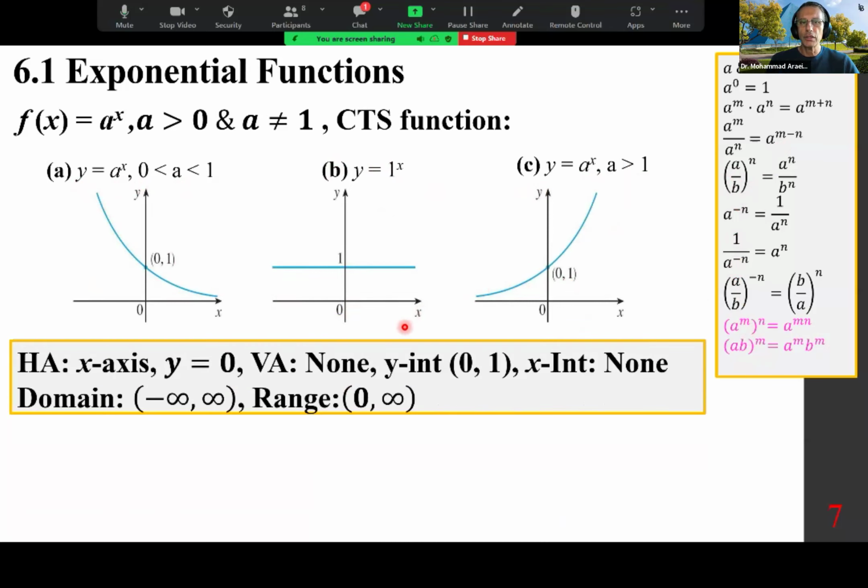So part B, this is not an exponential function.